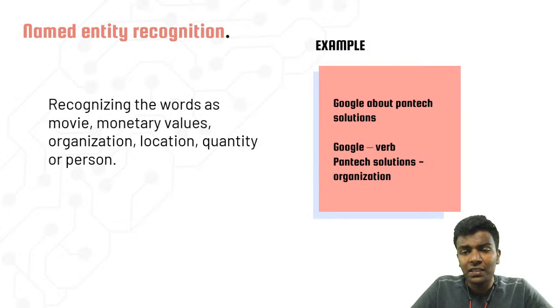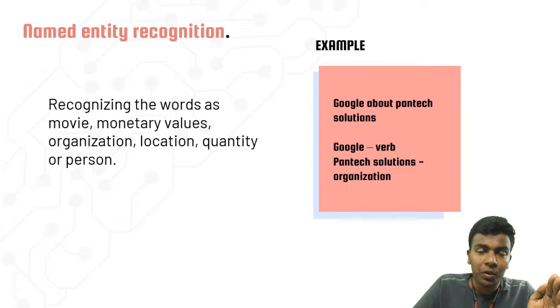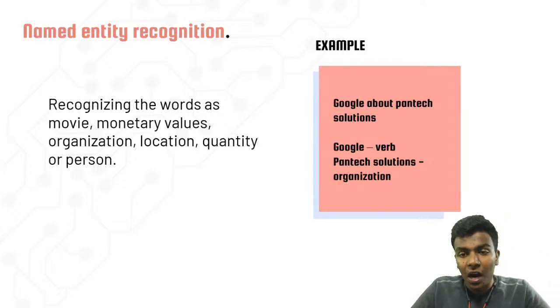Take the same example, Google about Pantech Solutions. Google is a verb, of course, which can be found with the help of the previous process called parts of speech. But Pantech Solutions is going to be the organization.